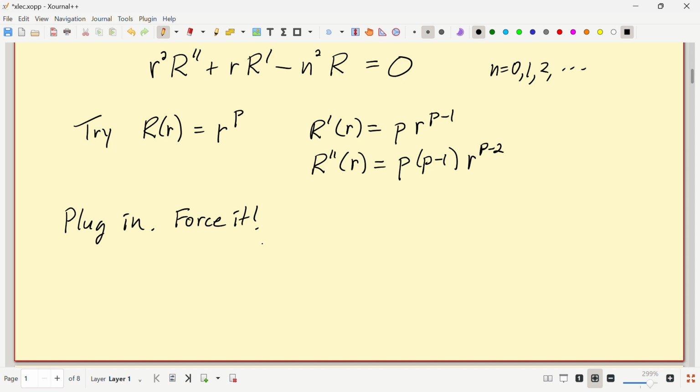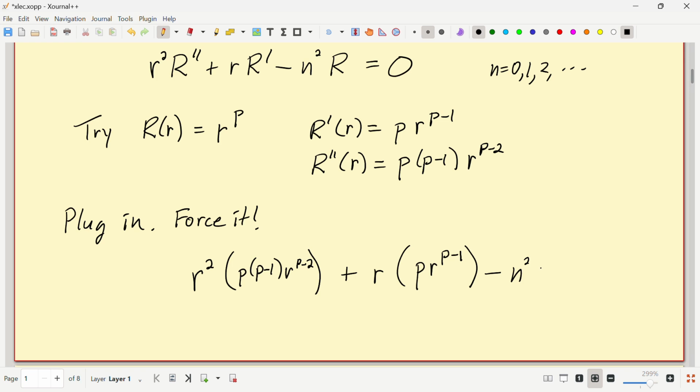All right, so when I plug it in, I would get r squared times R double prime, that's p times p minus 1, r to the p minus 2. Then I get plus r times R prime, that's p times r to the p minus 1, minus n squared R, that's r to the p. And I want that to be 0 somehow.